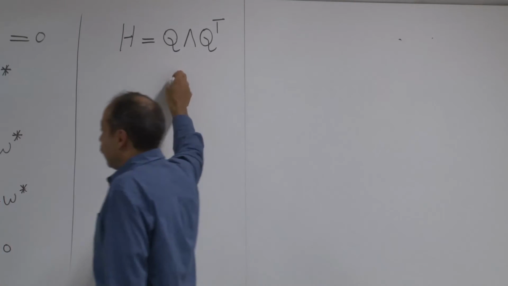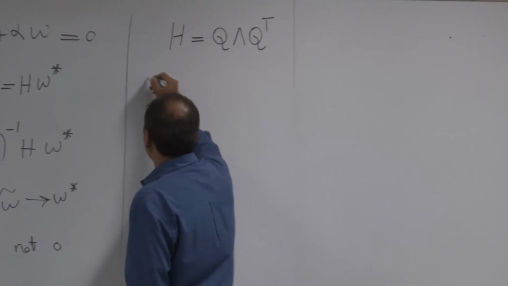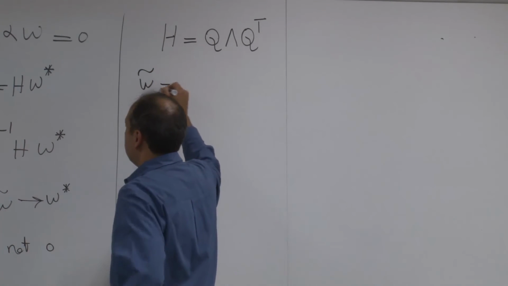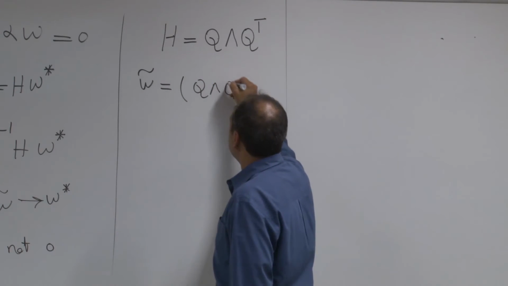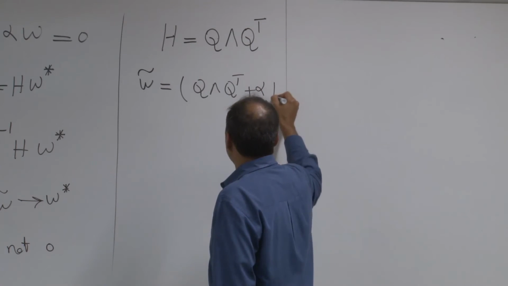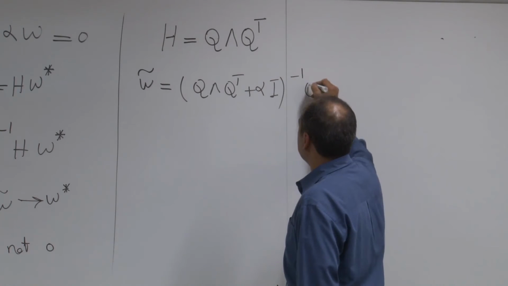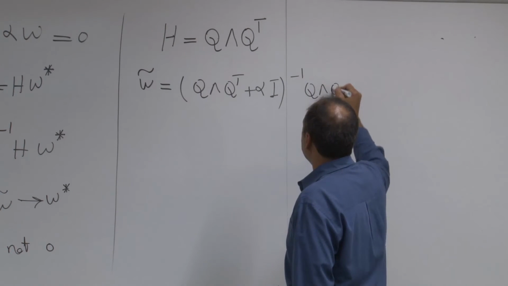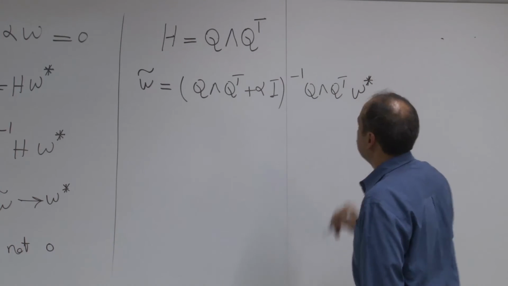So I'm going to substitute this H here. My W tilde is going to be Q lambda Q transpose plus alpha I, inverse, times Q lambda Q transpose W star.